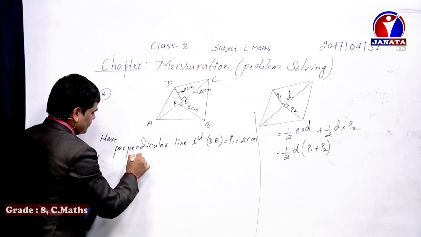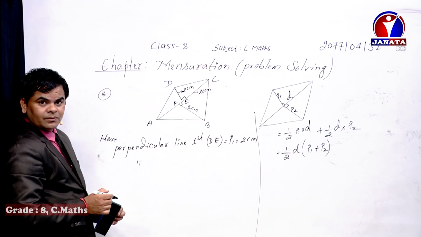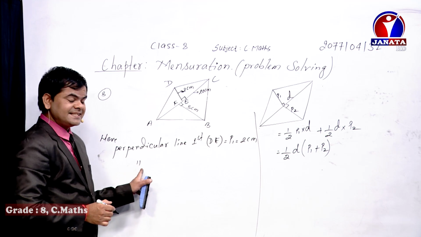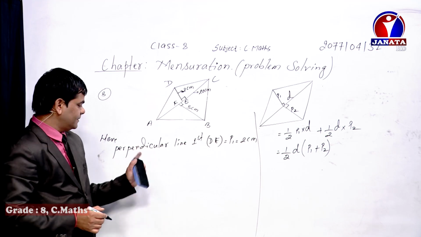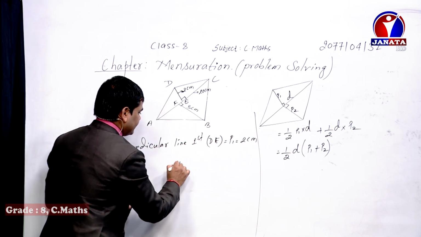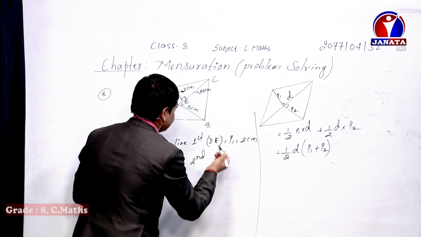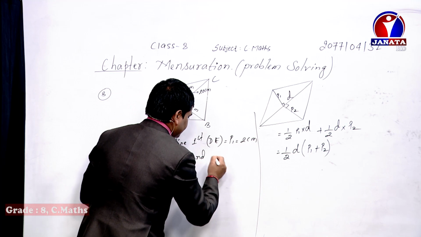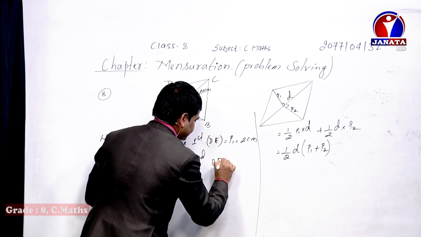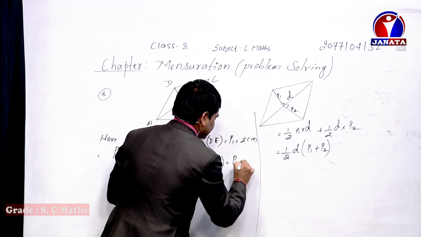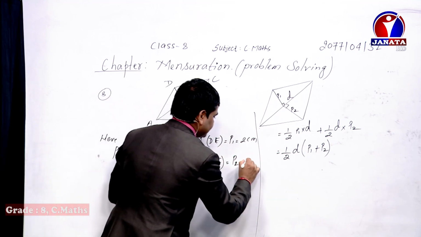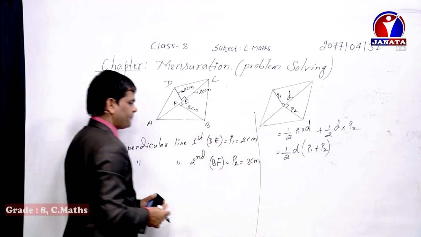Now ditto, it is the sign known as ditto. That means we have copied the same thing from the upper line, perpendicular line. Now, what is the name of the second line? BF, isn't it? BF is given as P2, and its length is given as 3 centimeter.